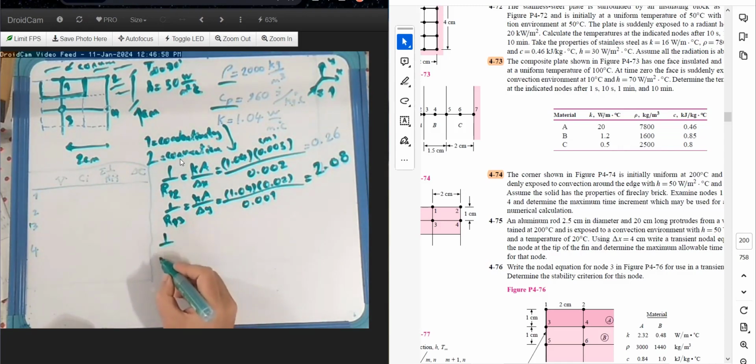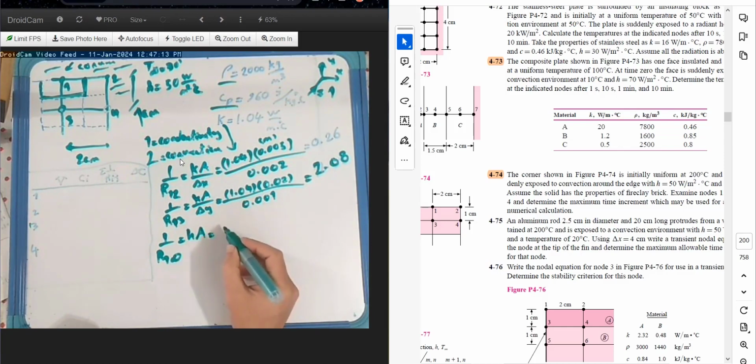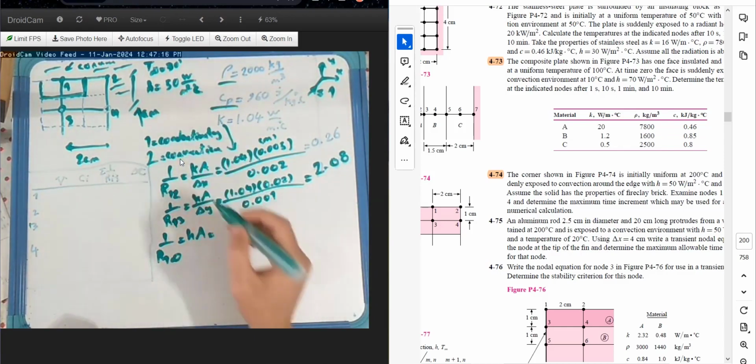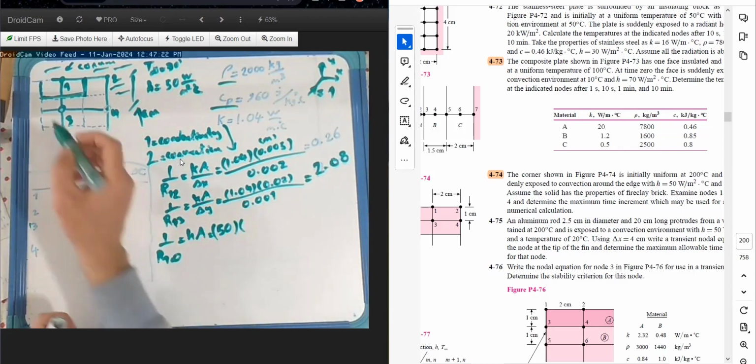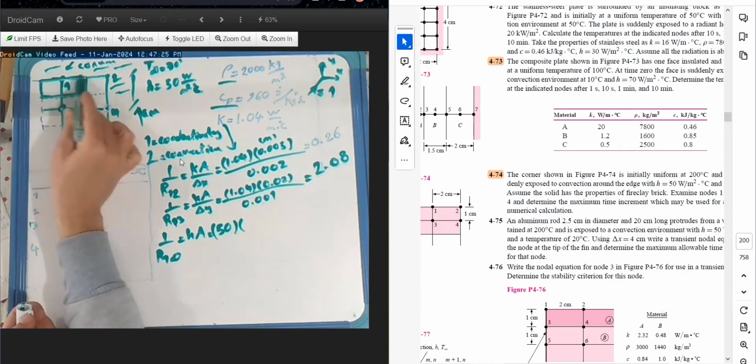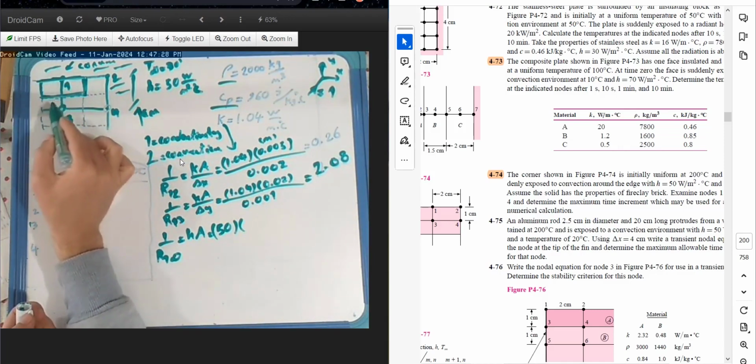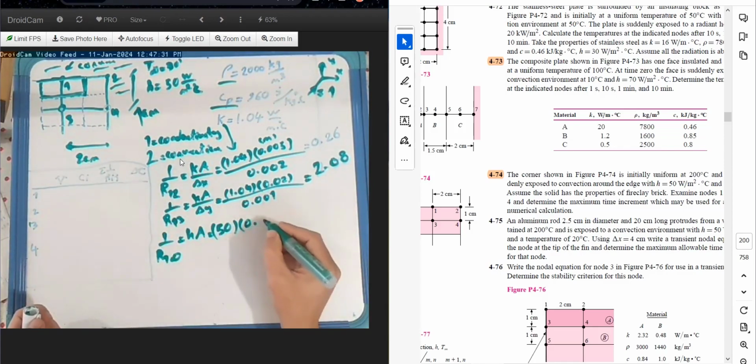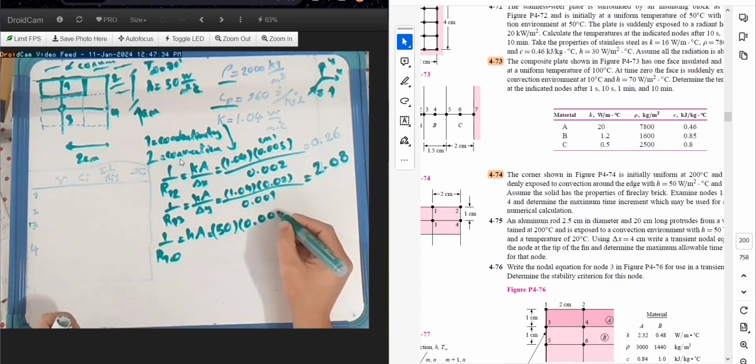But for point 1 we have R1 infinity, okay? Infinity means the convection, and this is not this formula anymore. I can write it with hA. What is h? As we said here, 50 multiplied by A. What is the A of point 1 which is in contact with convection? Here, 2 centimeters, 0.002.